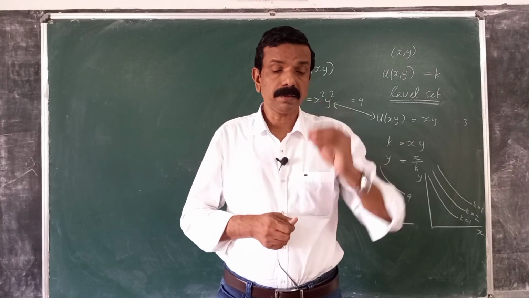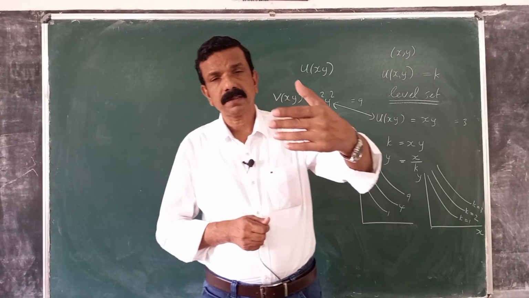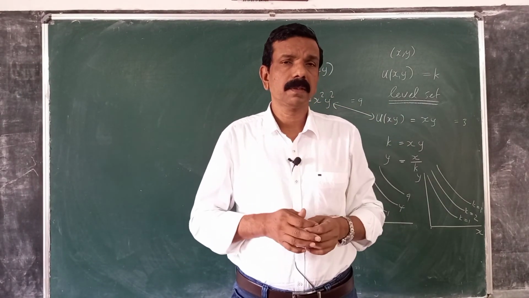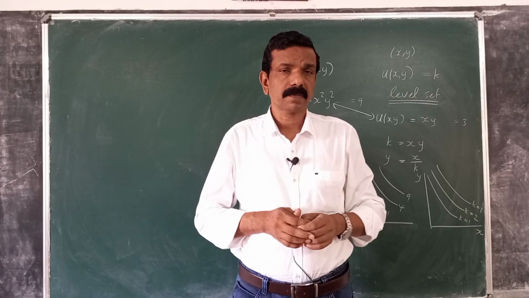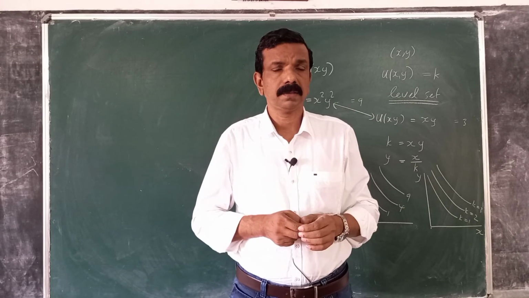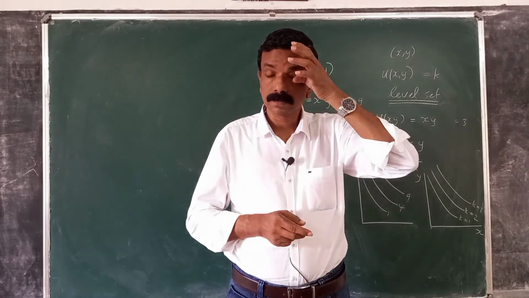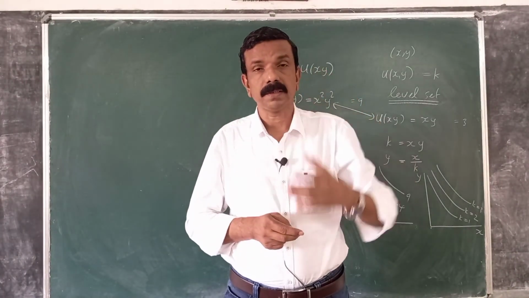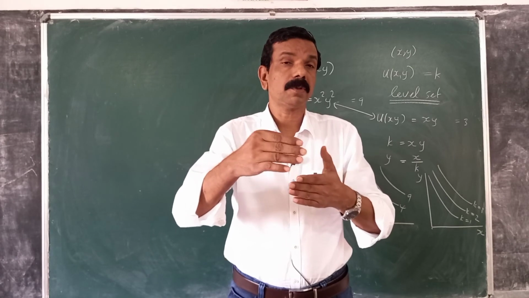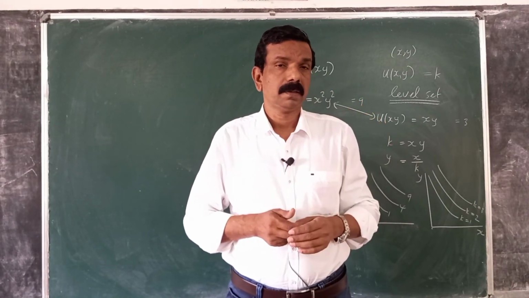So remember the point, from preferences, indifference curves can be derived. That is one procedure. The second is, from utility functions, indifference curves can be derived. The second procedure is easier than the first procedure. And remember also this, utility function is monotonic, order preserving.